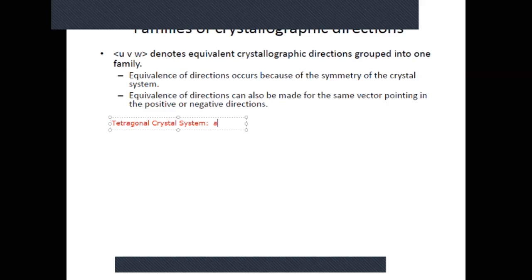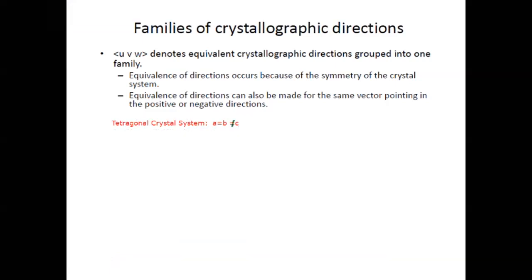And here you know A equals B, not equal to C. This is just to give you a little example of what we mean by family of directions when everything in it is equivalent by symmetry.